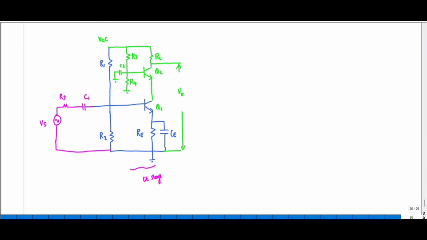For AC analysis, the DC supply must be grounded and capacitors are short circuited.